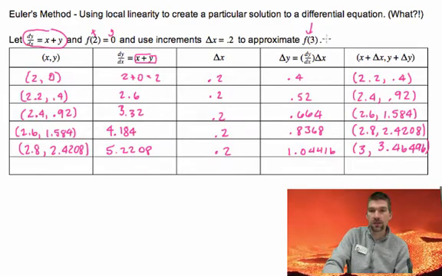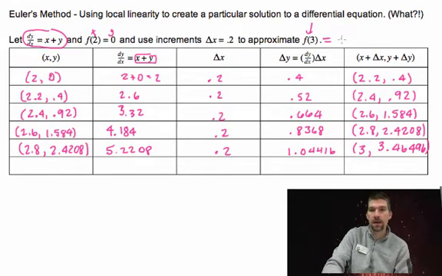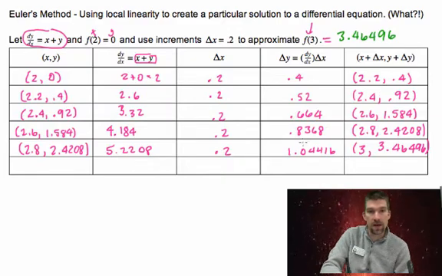So the answer to this question, this is what we really want to know, is 3.4649, as long as I didn't make an error somewhere in all of my adding.